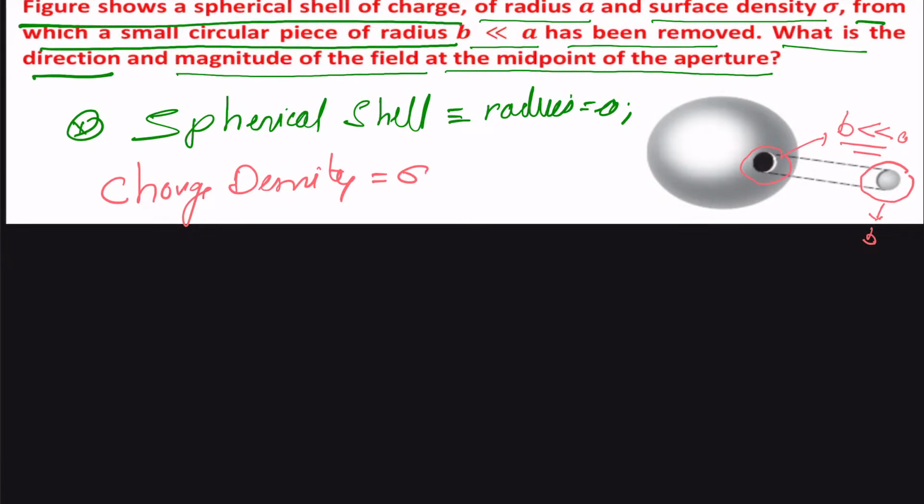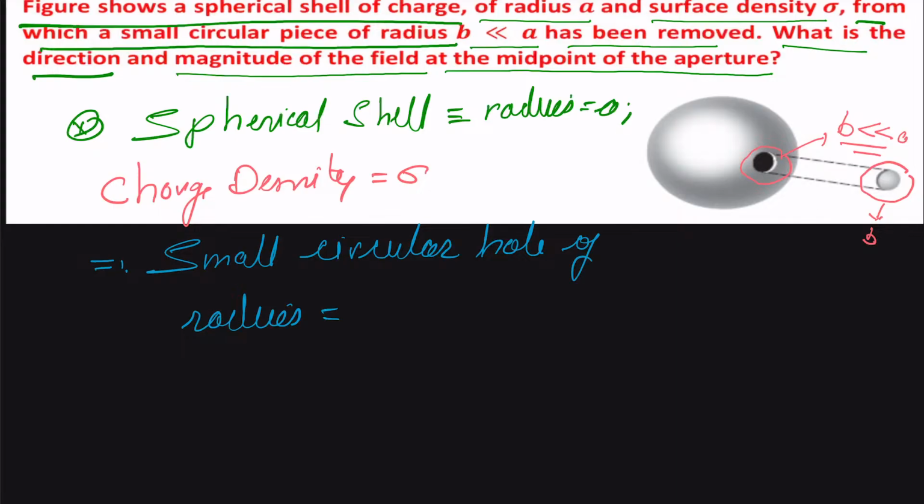and for that we can say that our small circular hole of radius b is much smaller than a, and the point of interest is the midpoint of the aperture.